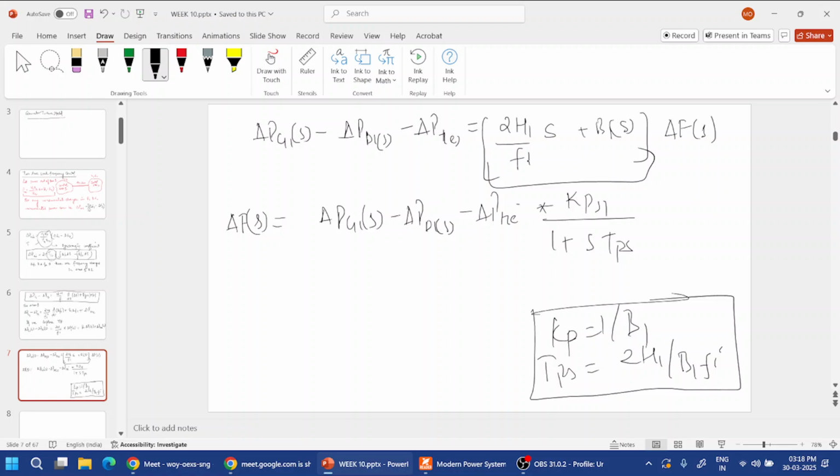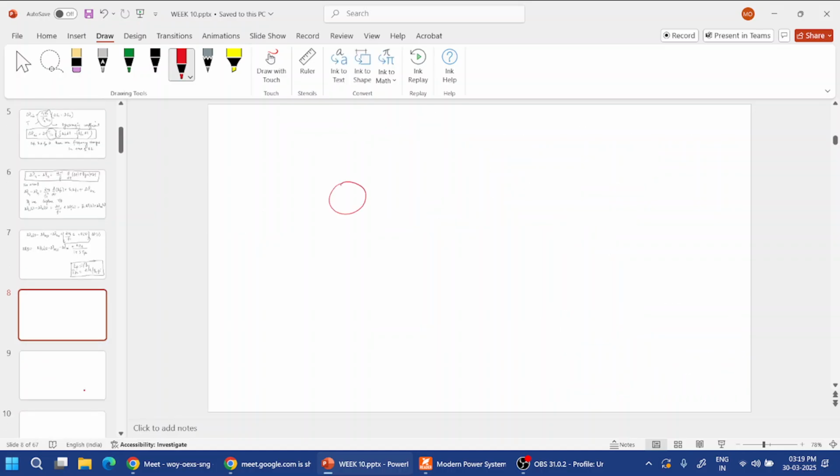If we draw a flow graph, or block diagram, there is a summation point where a control signal del P comes in for any incremental change: generation for area 1, and the demand del PD1 for area 1.